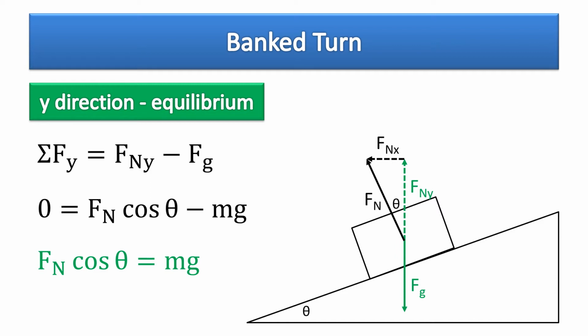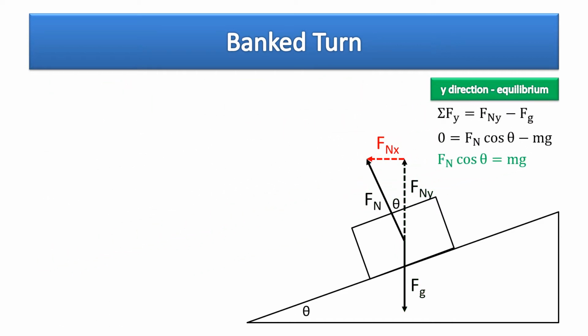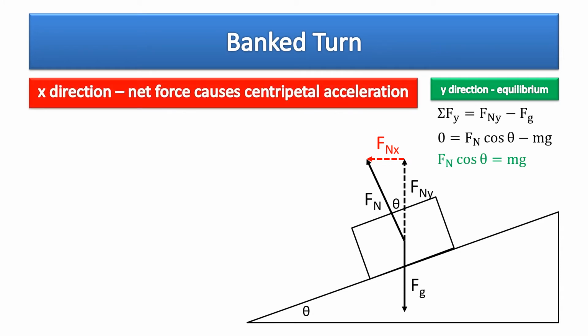All right, so let's take that and let's look at the x direction. In the x direction, there's only one force, and that's the normal force, because there's no friction. Remember, that x component of the normal force is causing centripetal acceleration. It is unbalanced.